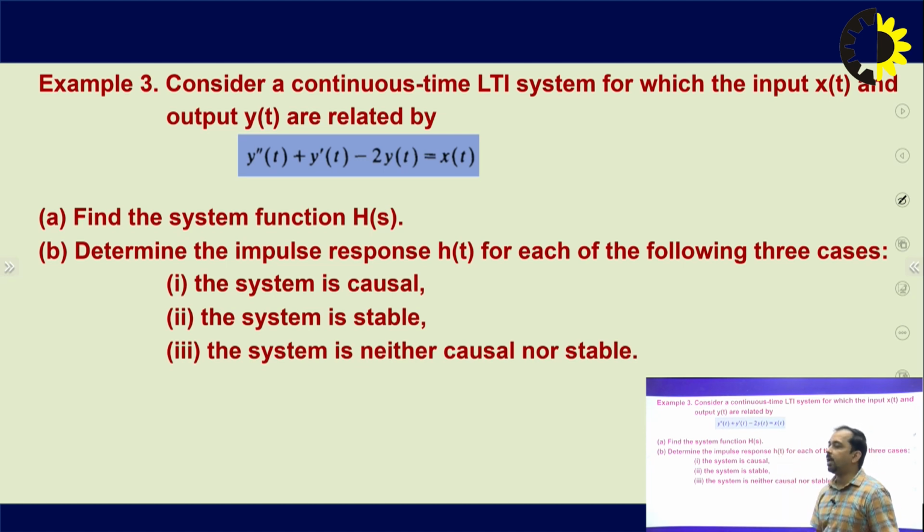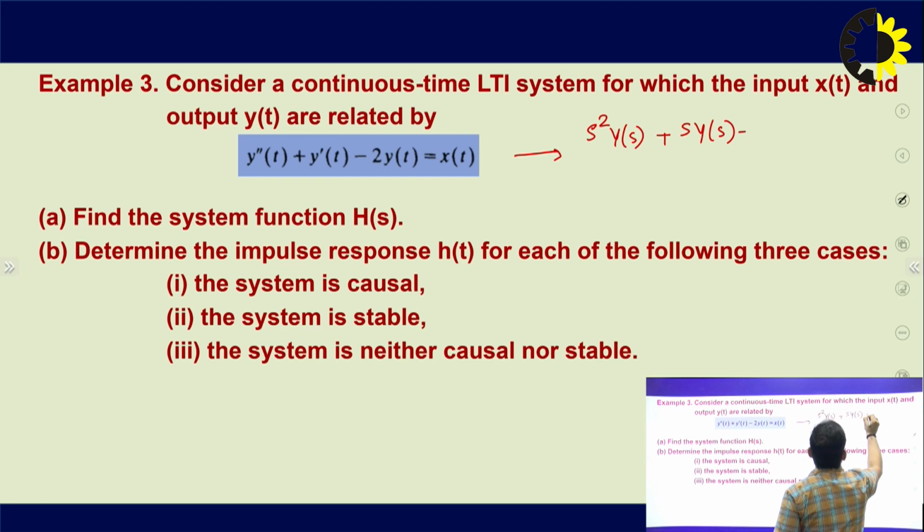First, we apply the Laplace transform to this entire equation. So it would be s squared Y(s) plus s times Y(s) minus 2 times Y(s) equals X(s).